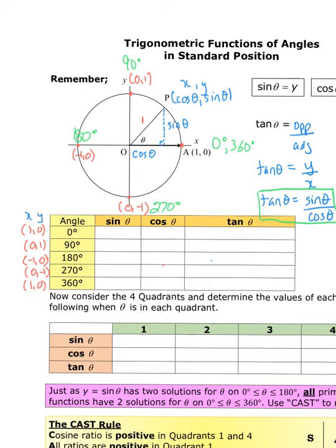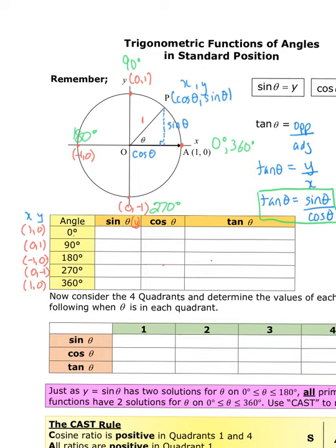So now we are going to use the unit circle to find values of sin θ, cos θ, and tan θ without a calculator. So for angle 0, we know we are here, where the coordinate is (1, 0). So I've written that on the side, (1, 0). Sine, we know, is our y value.